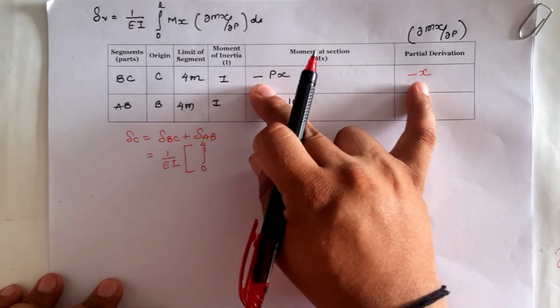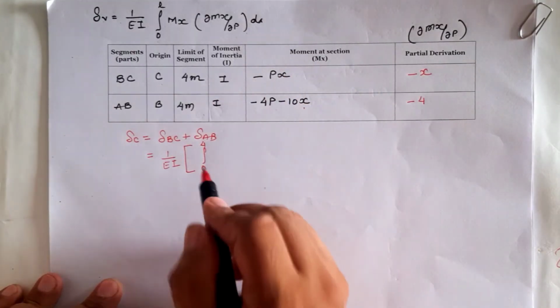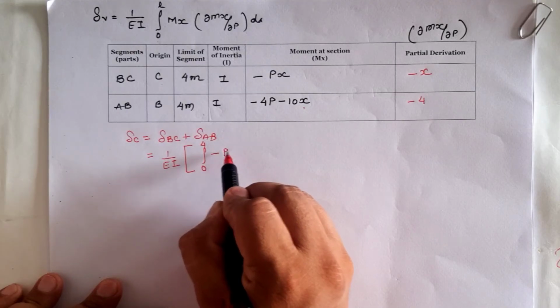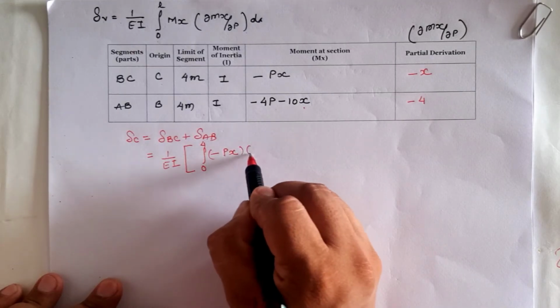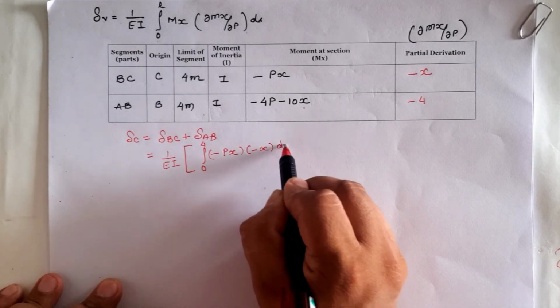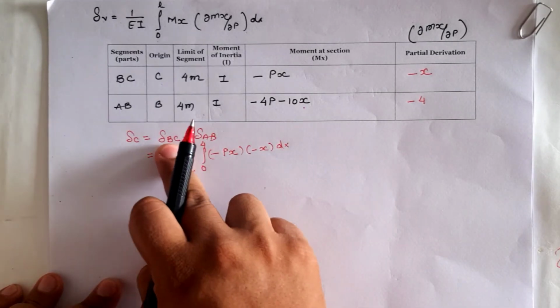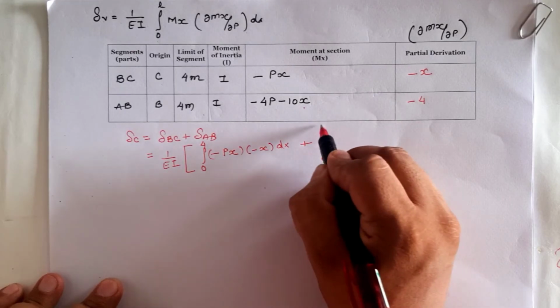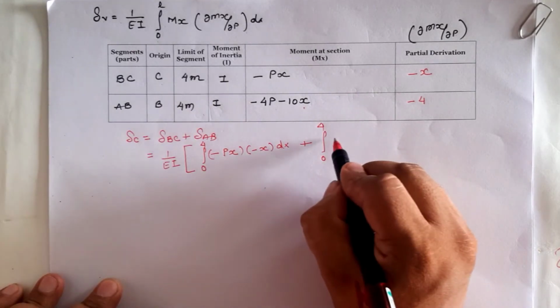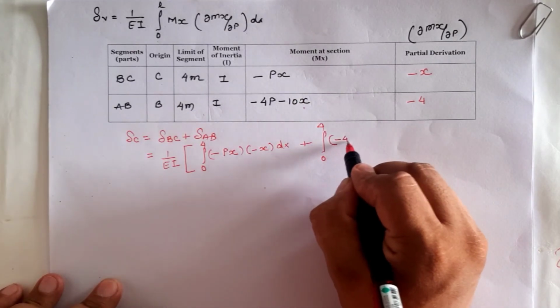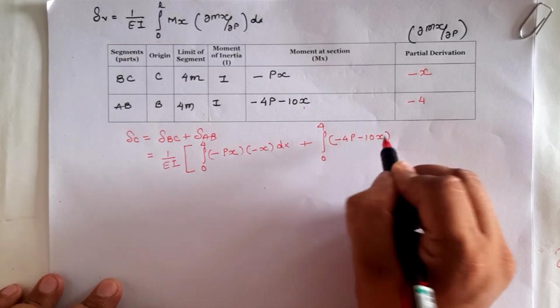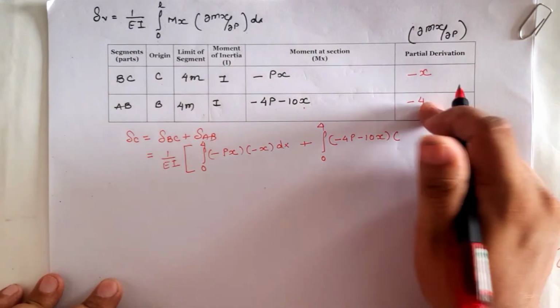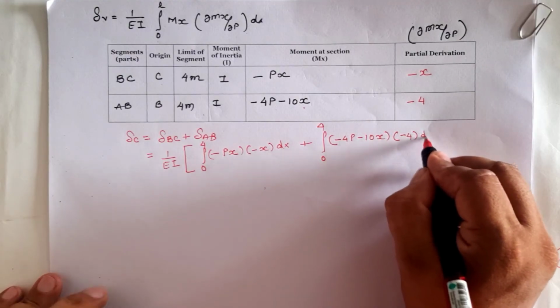The multiplication of Mx with the partial derivative is minus Px into minus x dx for the BC span, and for the second span the limit is 0 to 4, and the moment is minus 4P minus 10x into del Mx by del P, which is minus 4 dx.